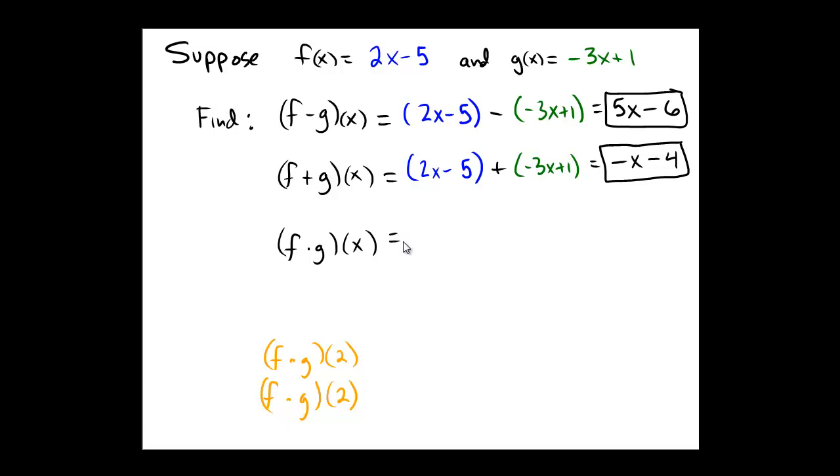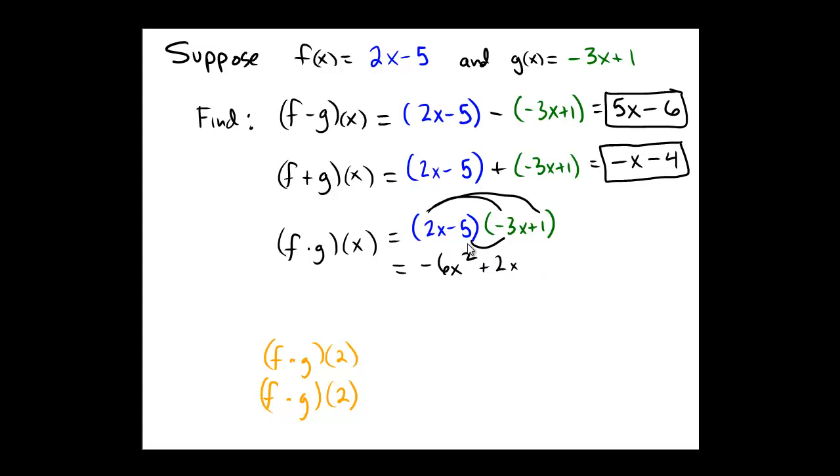Now how about a product? Let's take 2x minus 5 and multiply this by negative 3x plus 1. By the famous FOIL properties, we would have first, negative 6x squared. Outside, 2x times 1.